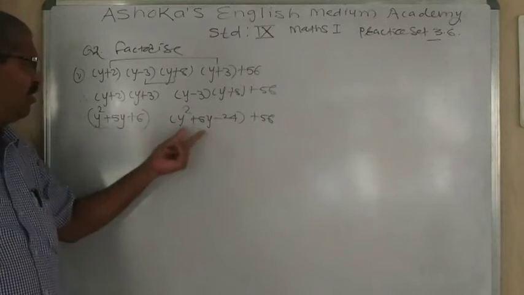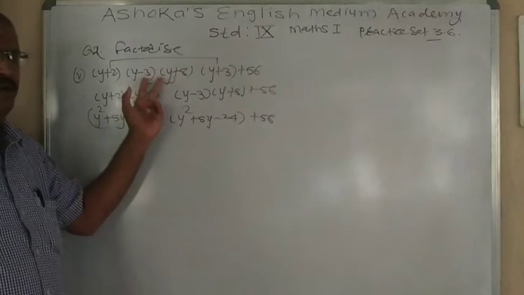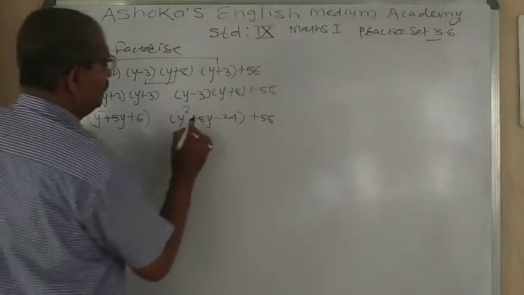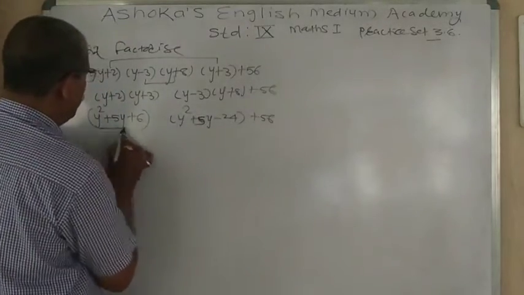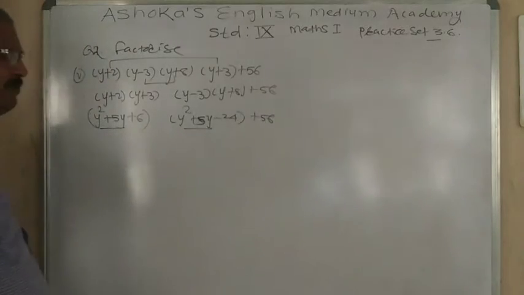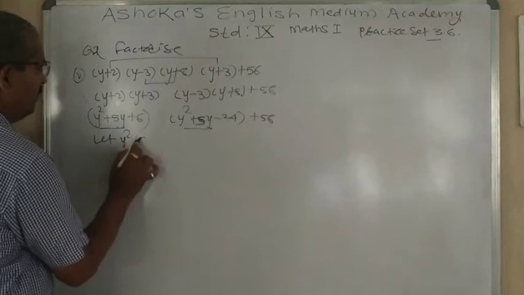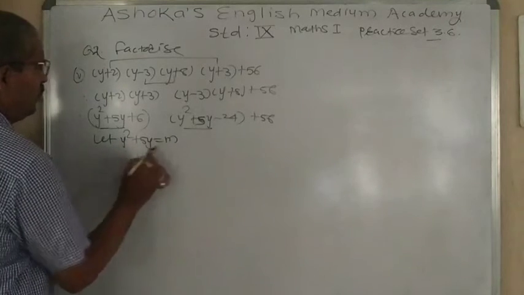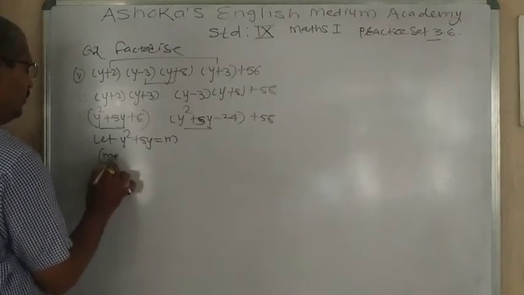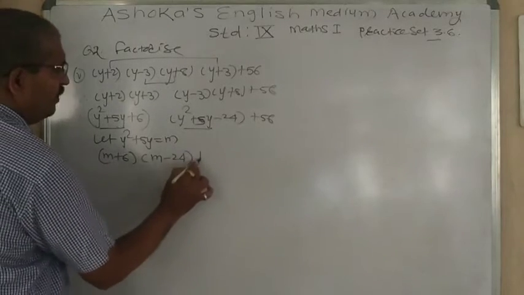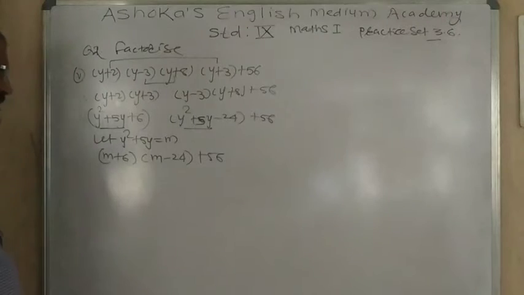And to get the same kind of term, we have to multiply the remaining two terms. Now look here, y square plus 5y, y square plus 5y. Therefore, let y square plus 5y be equal to m. Now it becomes m plus 6, m minus 24 plus 56.